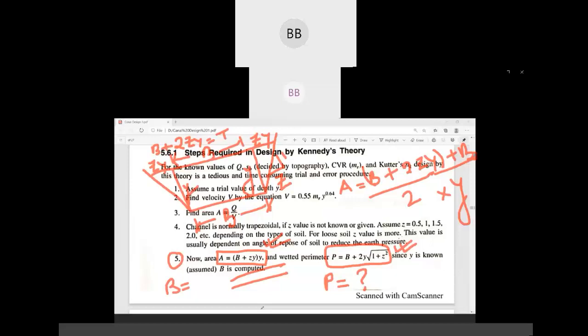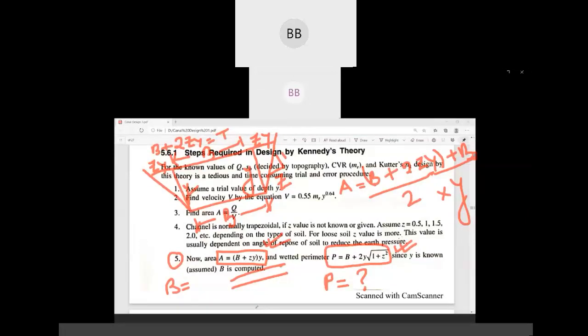If it is not given, or it's not known, then we are going to assume any value between 0.5 to 2 depending on the types of soil. Then in the fifth step, we use the equation of area and find out the bottom width of the channel, and then we find out the wetted perimeter of that particular channel.